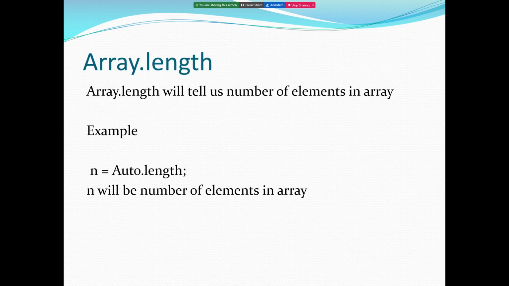So auto length will give it the number of elements within the array. As we add and subtract, modify the arrays, the number of elements can change. So having your loop reference the number of elements automatically makes it more flexible and more robust to changes.